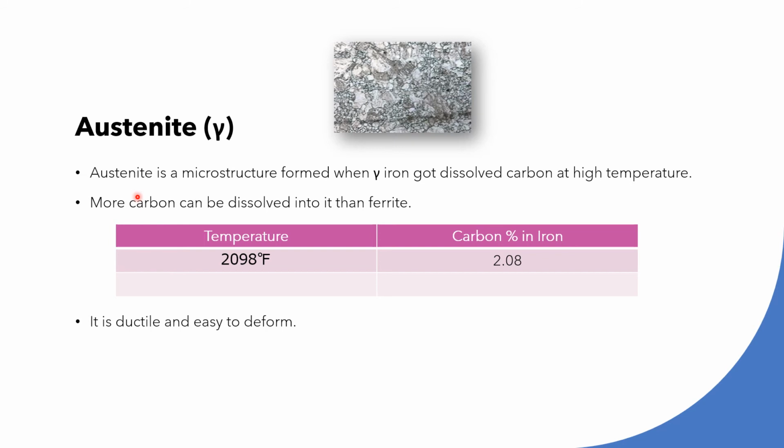If you compare it with the ferrite, based on this 2.08%, austenite has more carbon in it. The temperature at which we dissolve the carbon into the iron is 2098 degrees Fahrenheit. Quality: it is ductile, you can draw it, and it's easy to deform. Draw means there's elasticity.